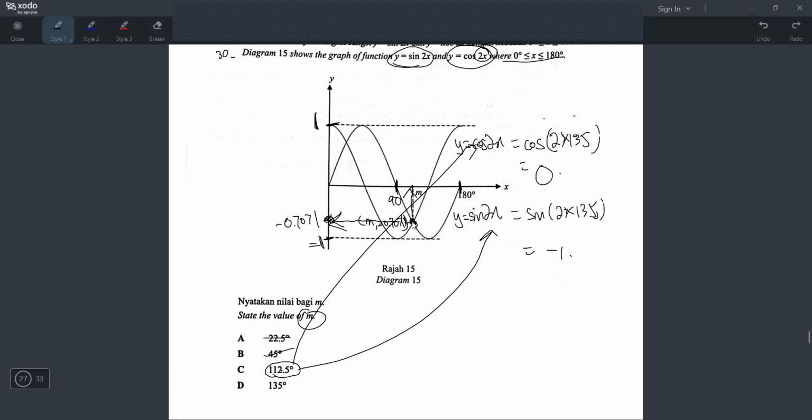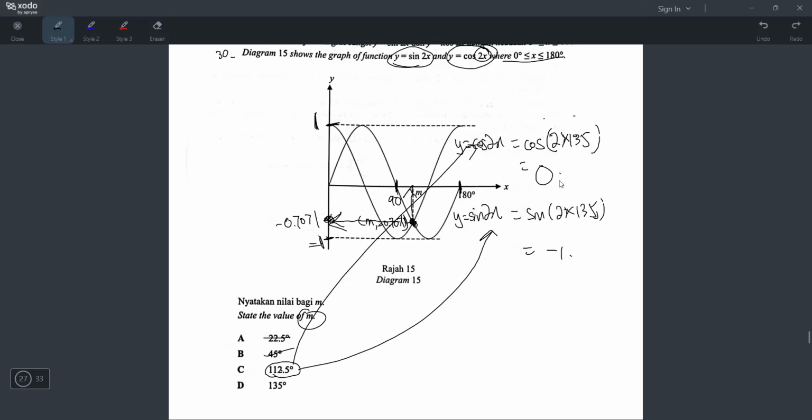But if you look, x 135 is here, right? So actually there should be 270. Cos 270 is 0. Sine 270 is 0 also, right? Sine 270. Okay, it's -1.